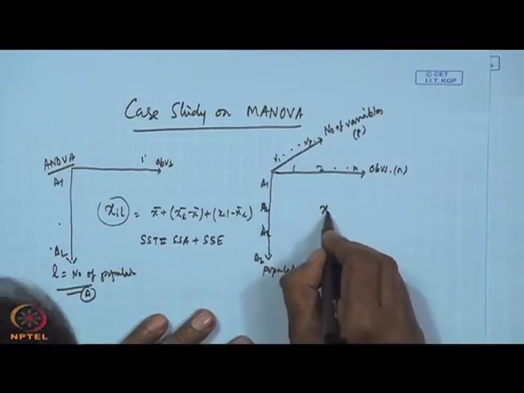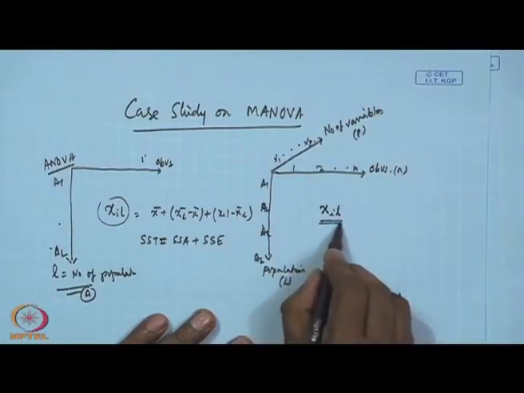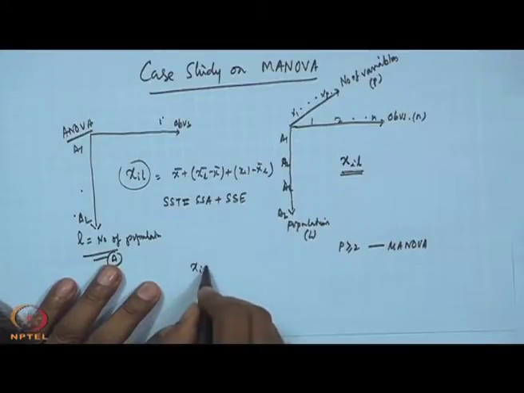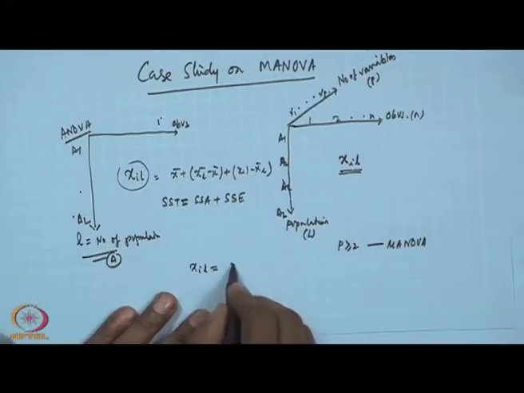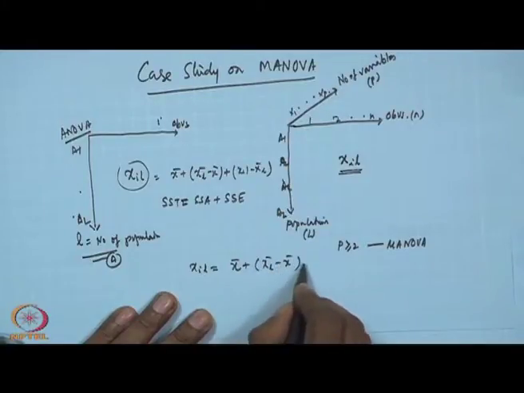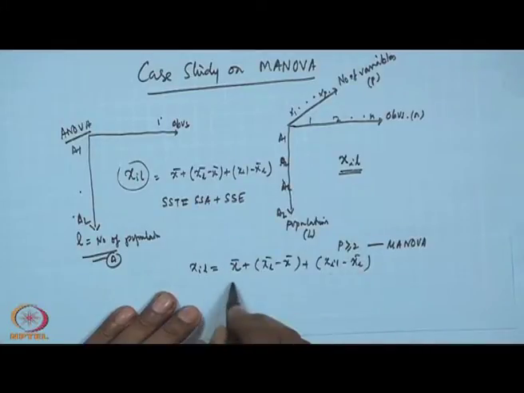Our notation is similar to ANOVA, but this quantity is a vector quantity, and we have described it in the same manner: x bar plus (x_l bar minus x bar) plus (x_il minus x_l bar).